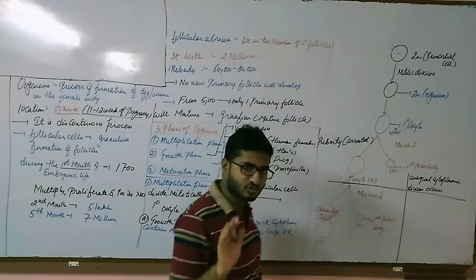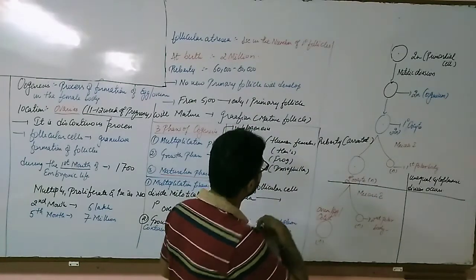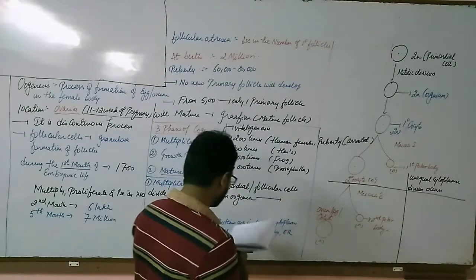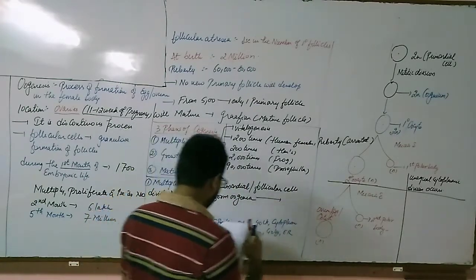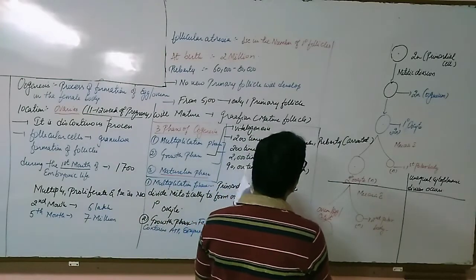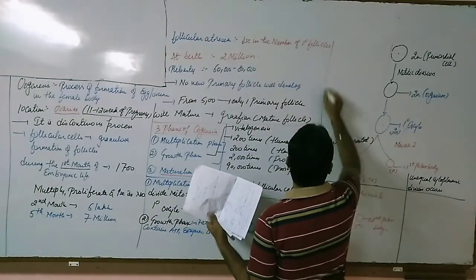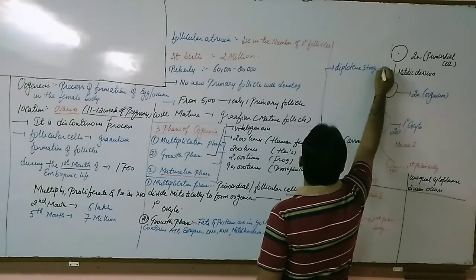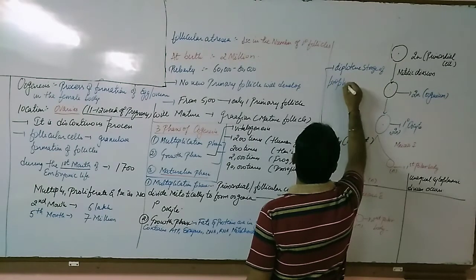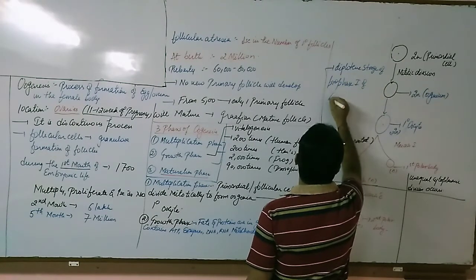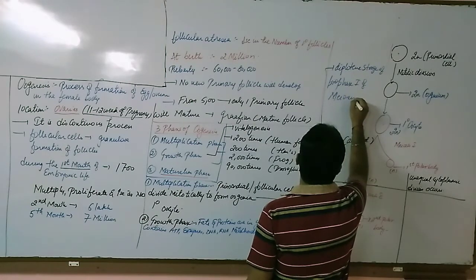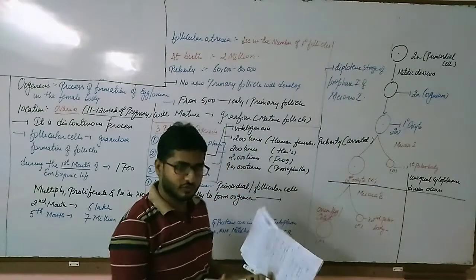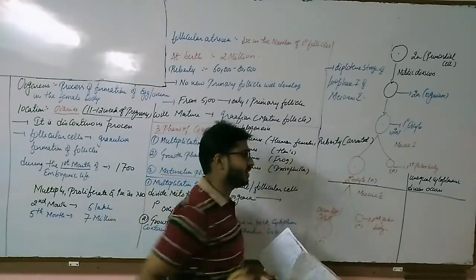This process stops during the diplotene stage of prophase 1 of meiosis 1. So up till now meiosis 1 has happened and this process is arrested.